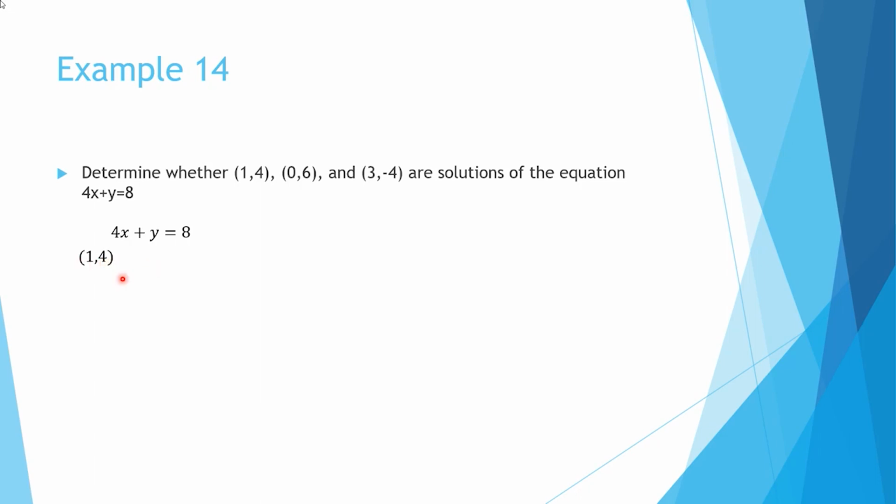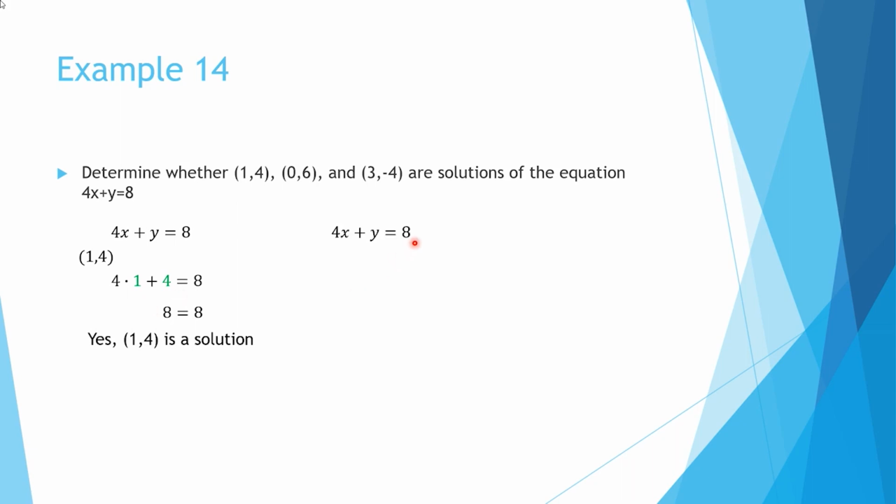X coordinate, y coordinate. You replace the x with 1, replace the y with 4, and then you see if it's true or not. So this ends up being 8 equals 8, which is true, which means yes, 1, 4 is a solution.